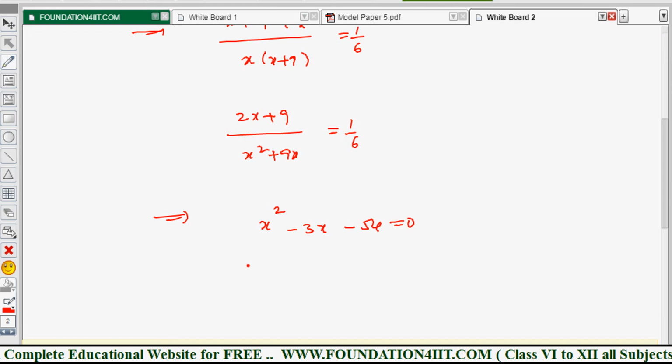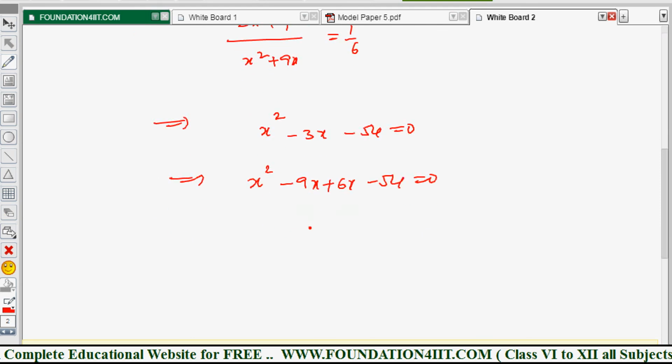We will factorize this quadratic equation. So x square minus 9x plus 6x minus 54 is equal to 0. If you add or subtract, the middle term should come. Take x common: x minus 9 plus 6 common, x minus 9 is equal to 0. x minus 9 into x plus 6 is equal to 0.